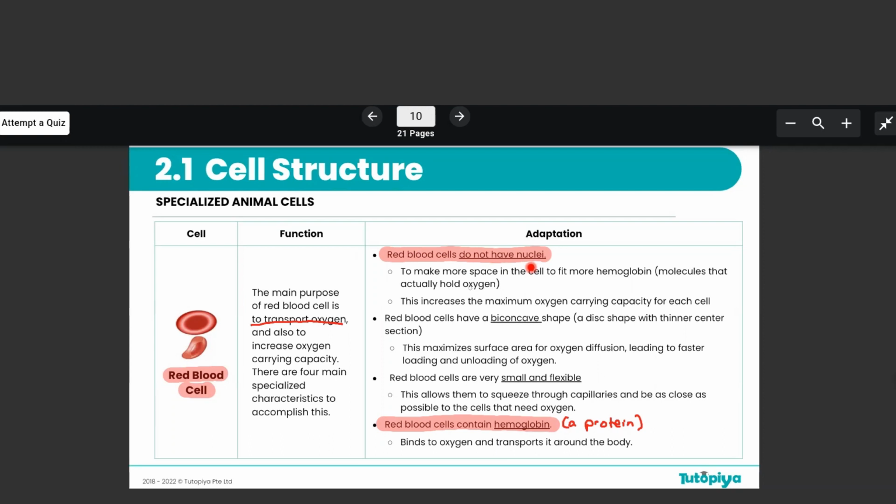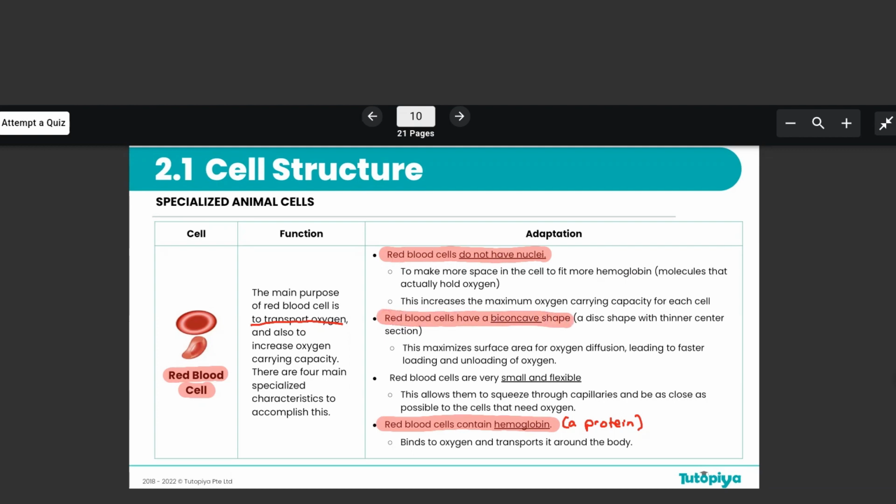Because this makes more space in the cell to fit in more hemoglobin. So by not having a nucleus, this gives more space for more hemoglobin, and more hemoglobin means more oxygen carrying capacity. So this is the second adaptation shown by the red blood cells. The next adaptation shown by these unique cells is that they have a biconcave shape.